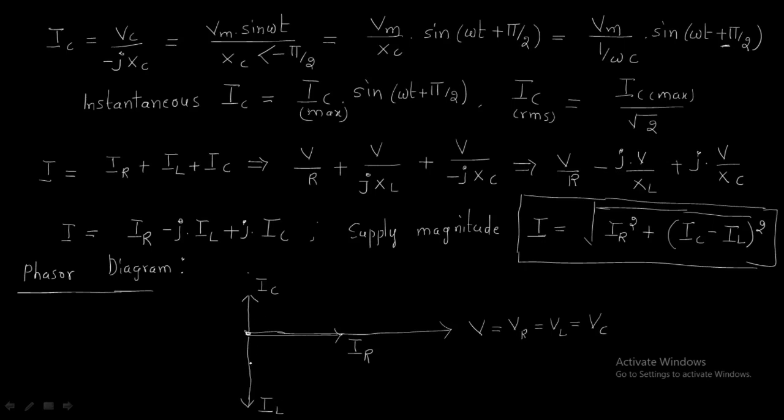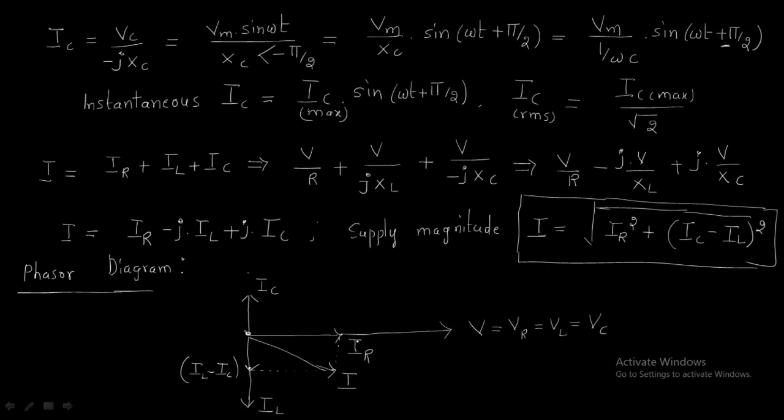This is the difference between the inductive current and the capacitive current, so IL minus IC. The combination of these will give the supply current. If IL is greater than IC, we will get IL minus IC. If IC is greater than IL, we will get it like this.